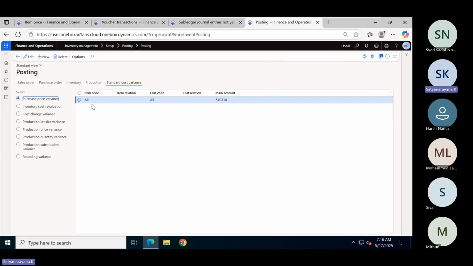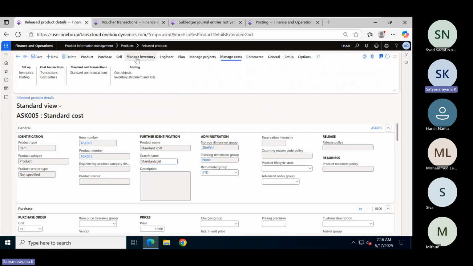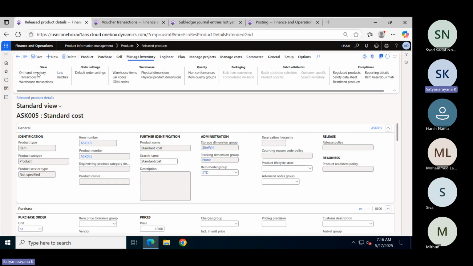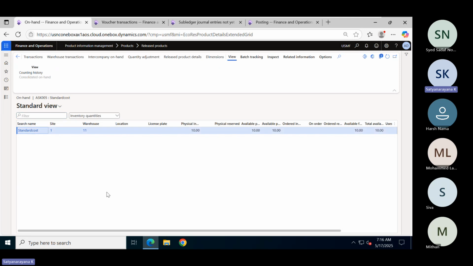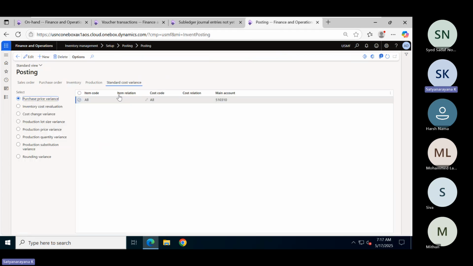If you are going to use standard cost method, you need to have enterprise purchase price. So the cost price is updated. If you go to manage inventory, cost price is updated with $10 only. But the difference is posted to purchase price variance.